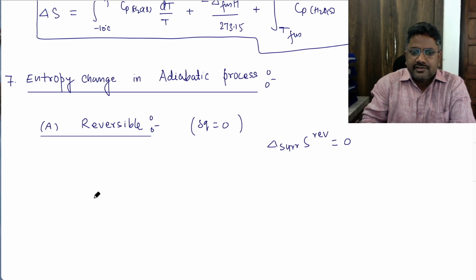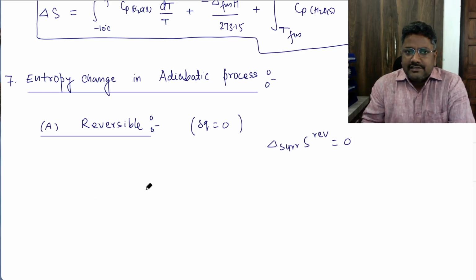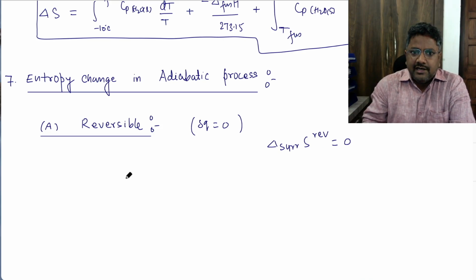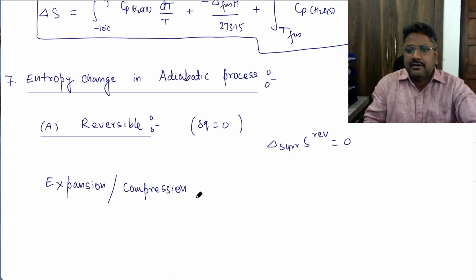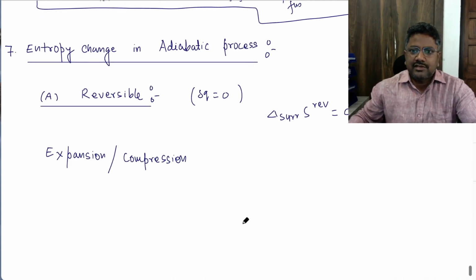Now, what about system? Suppose that gas is expanding here. I am taking one example of this, expansion or compression. All of you are knowing that in expansion and compression, all three variables are changing except n. Number of moles are constant.